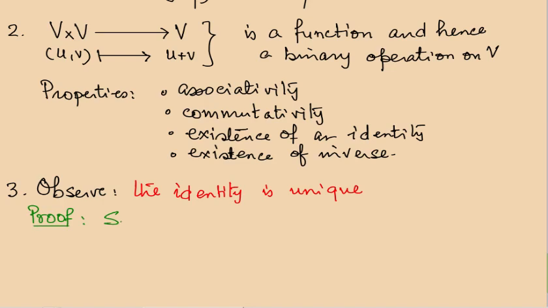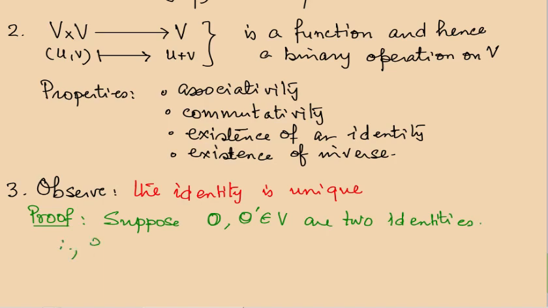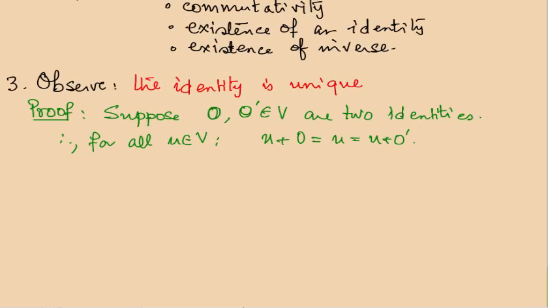Suppose 0 and say 0 prime are two identities. So therefore it says for all u in V, u plus 0 is u, and this is the same as u plus 0 prime.